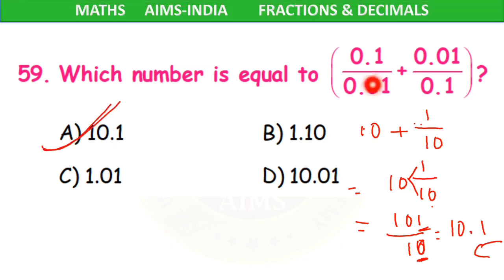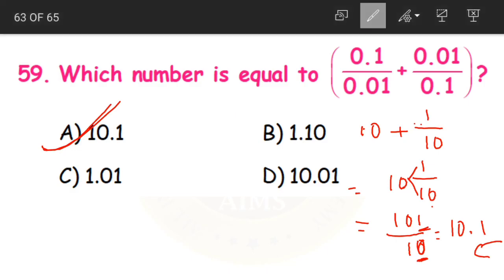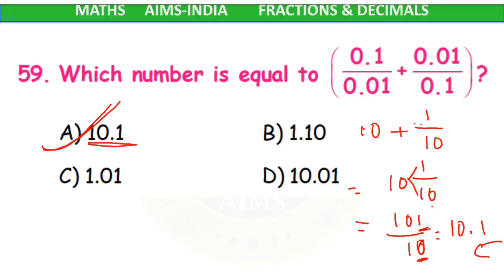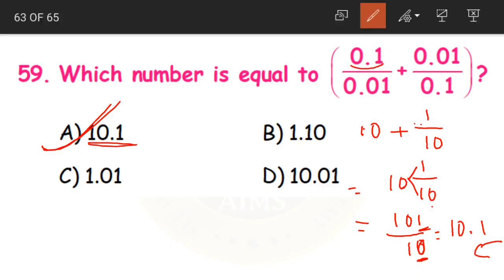I know the question looks a little bit scary, but if you solve it carefully, the question is very easy to solve, children. Option A, 10.1 becomes our correct answer. Understood, right? First we converted these decimal numbers into fractions. 0.1 is nothing but 1 by 10. 0.01 is nothing but 1 by 100.